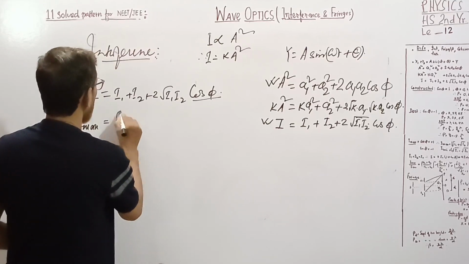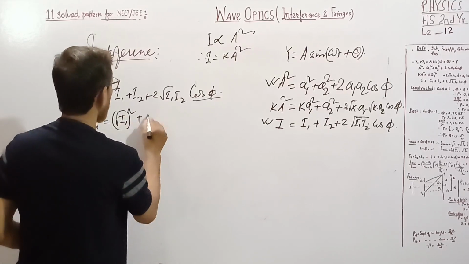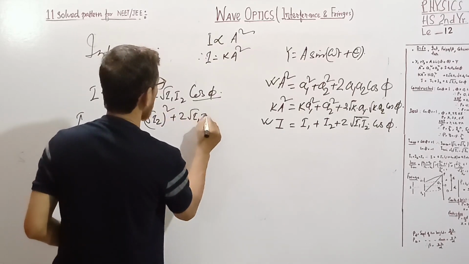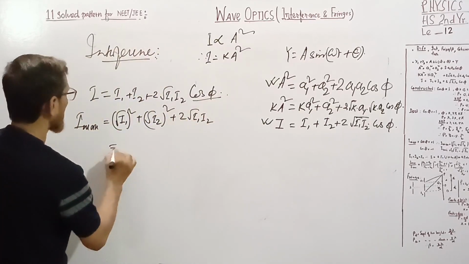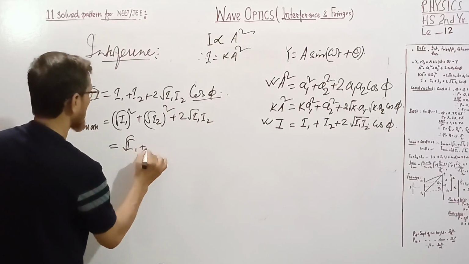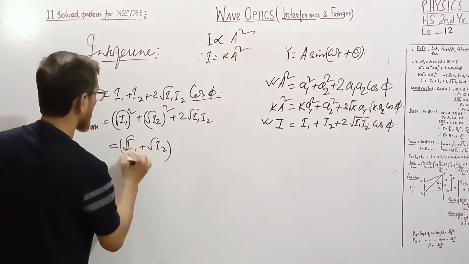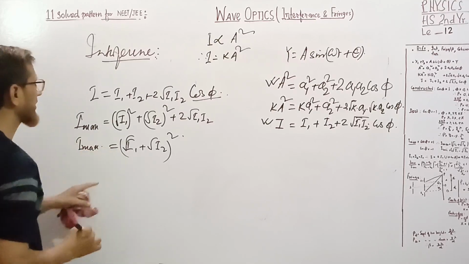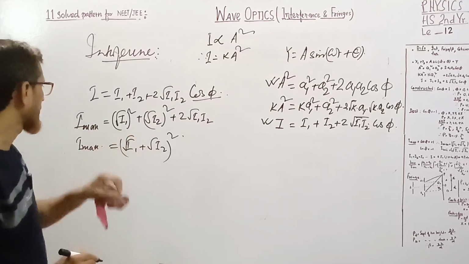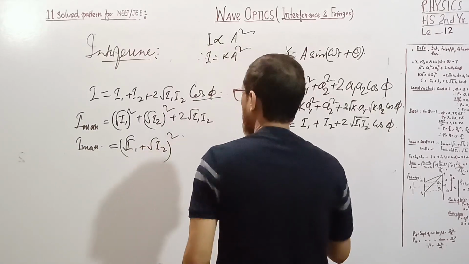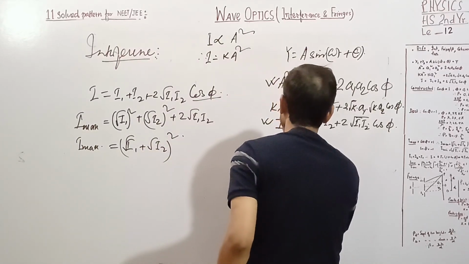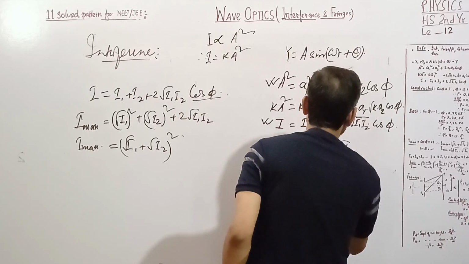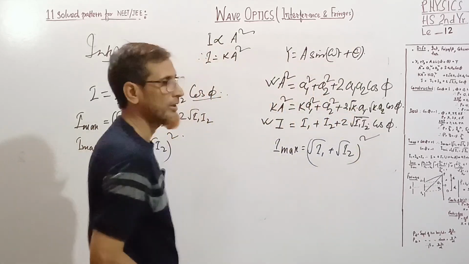Therefore, I maximum is equal to root over I1 plus root over I2, whole square.